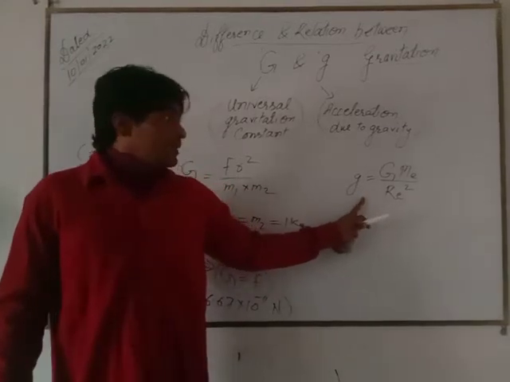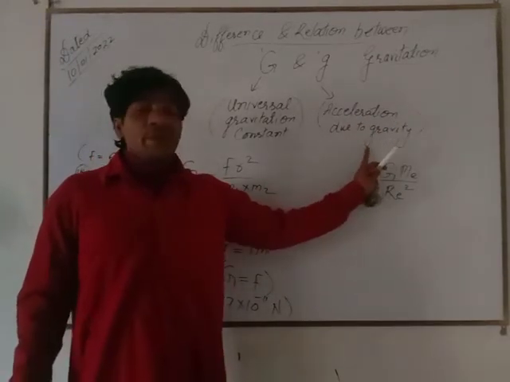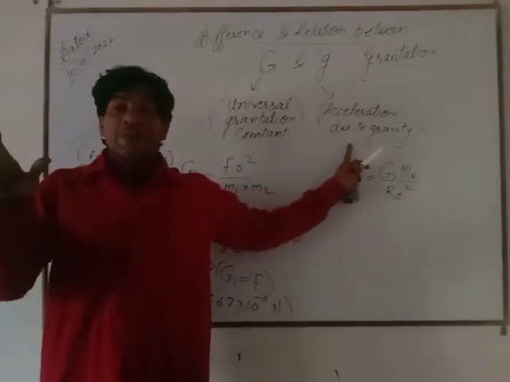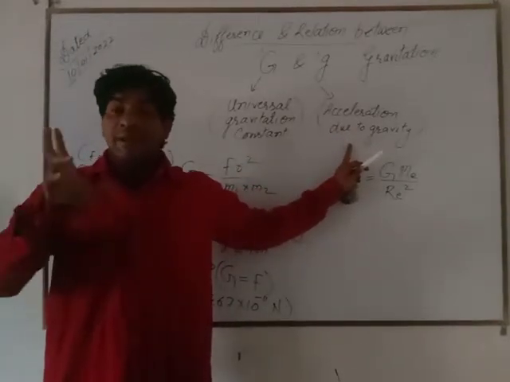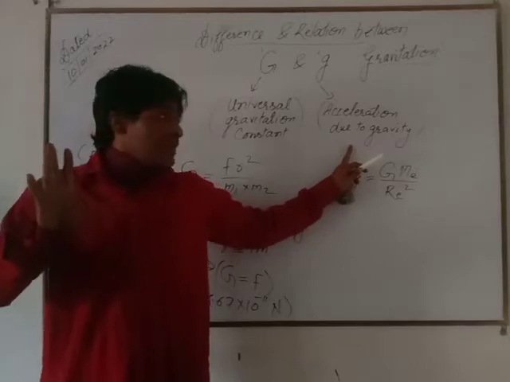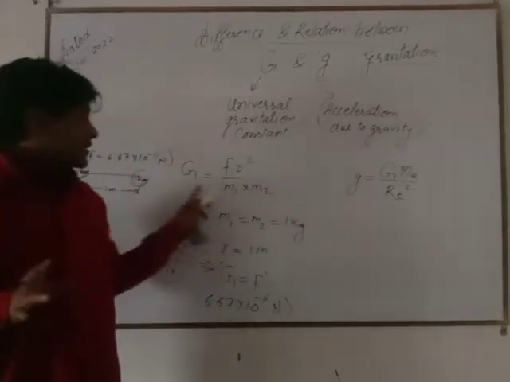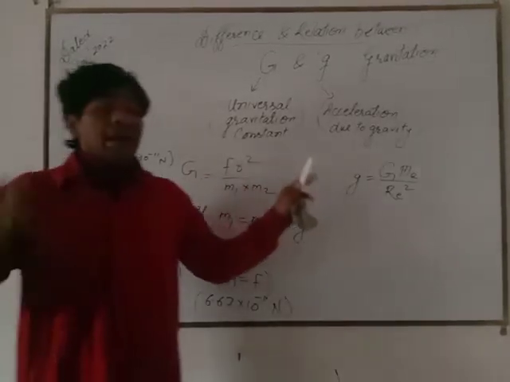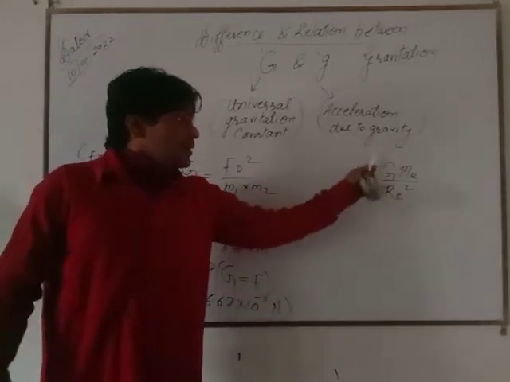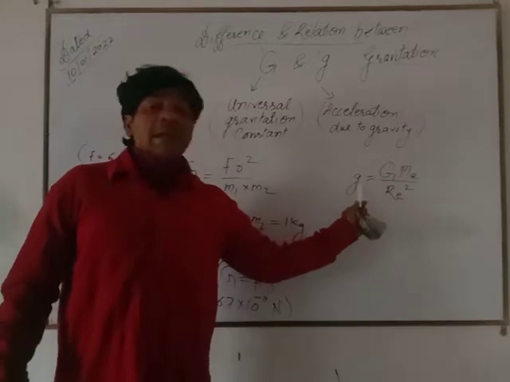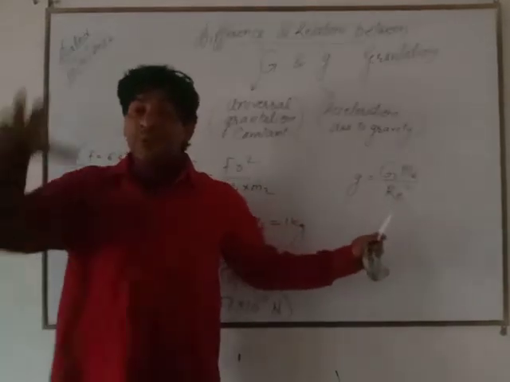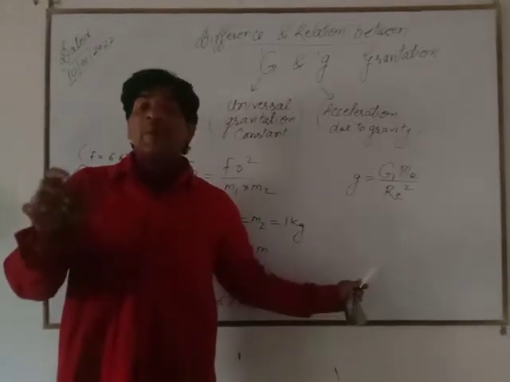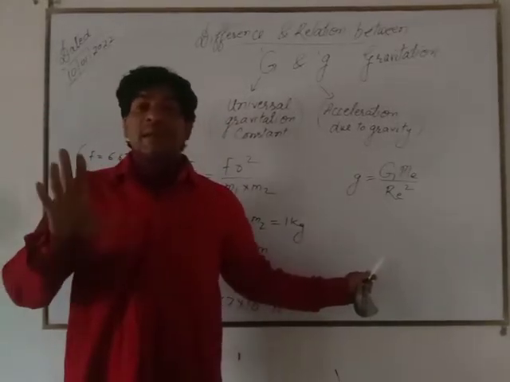While defining small g: it is acceleration due to gravity. Acceleration is always produced by an external force, as you know. If gravitational force is applied on any object, then small g will be the acceleration due to that gravitational force, and its value is 9.8 meter per second square, right?